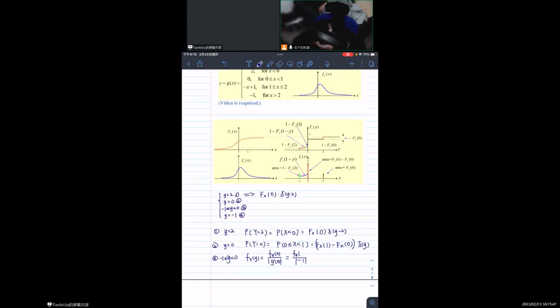So we can just use f_X, but we have to transfer x with respect to y. Let me check. It should be x equals 1 minus y. Okay, that's it for this part. For part 3, let's do it by part 2 first.